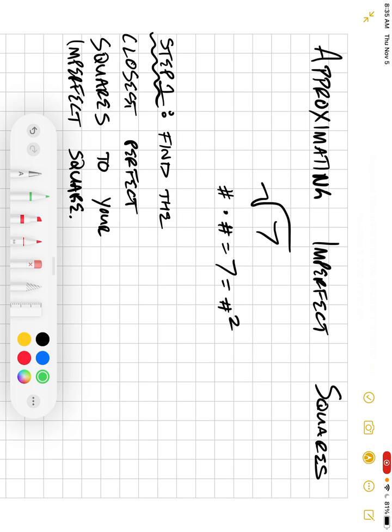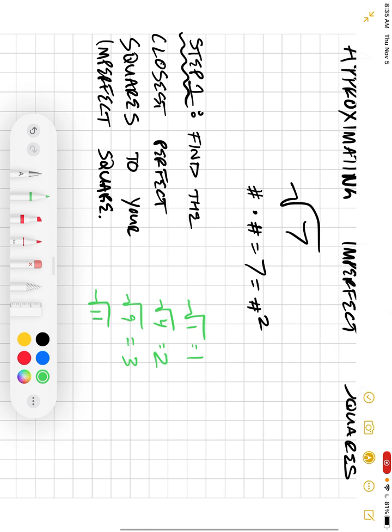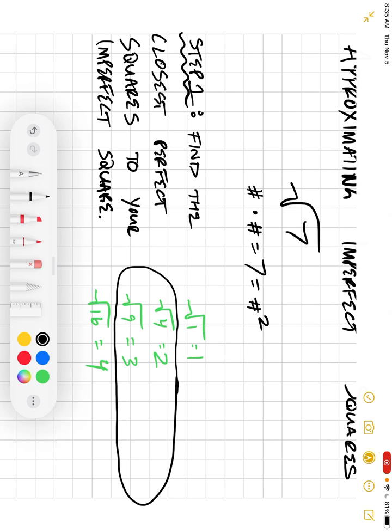So the perfect squares are square root of 1, because that's 1, square root of 4, because that's 2, square root of 9, because that's 3, square root of 16, because that's 4. And I'll give you a list at the end of this video of the perfect squares, but real quick, we can see square root of 7 is going to fall between the square root of 4 and the square root of 9, right?